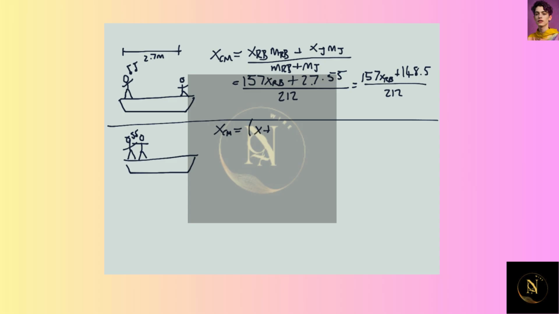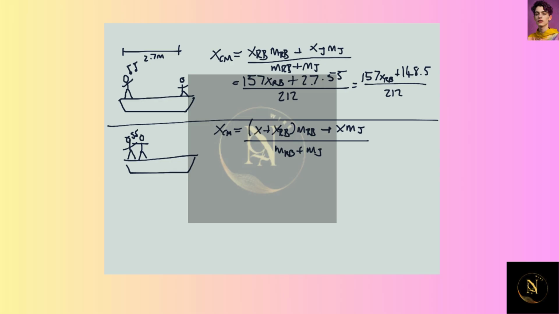We have X plus XRB multiplied by the mass of Romeo and the boat plus XMJ, and that again is divided by the total mass. So that X variable is where that boat is now positioned, because there is a change from where Romeo was initially.